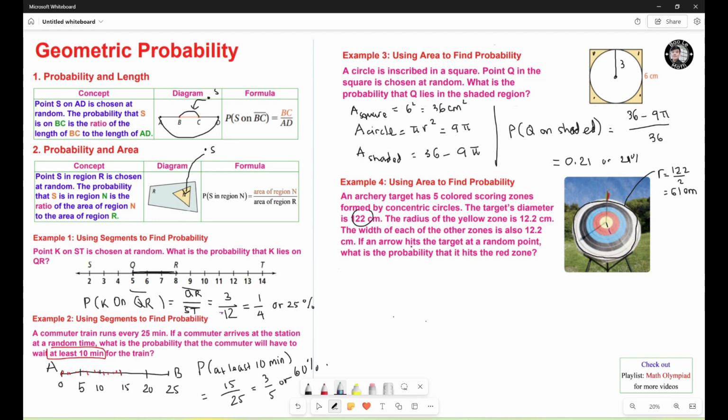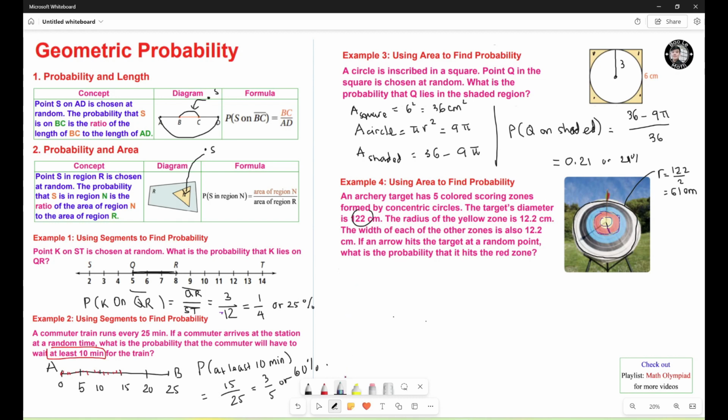If an arrow hits the target at a random point, what is the probability that it hits the red zone? So you need to calculate the area of the red zone. In order to calculate the area of the red zone, you need to calculate the area of the whole circle right here and subtract the area of the yellow one right here. The area of the whole circle is going to be equal to pi r squared, where the radius equals 12.2 from the yellow one plus the width right here, 12.2.